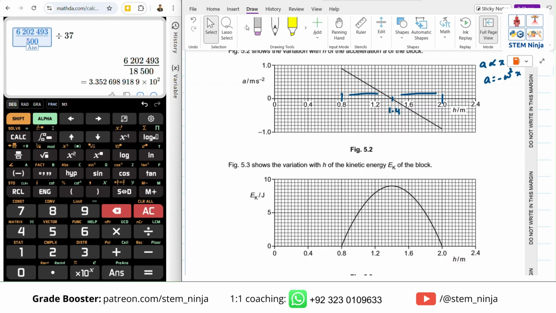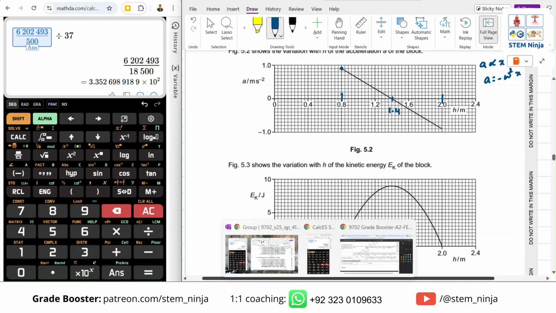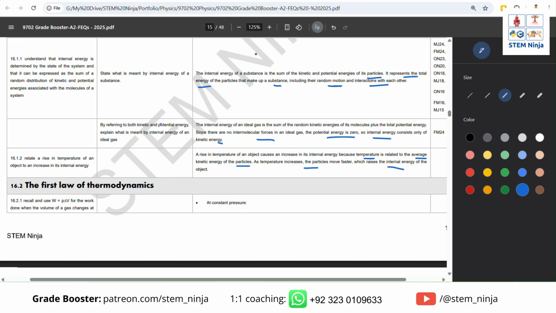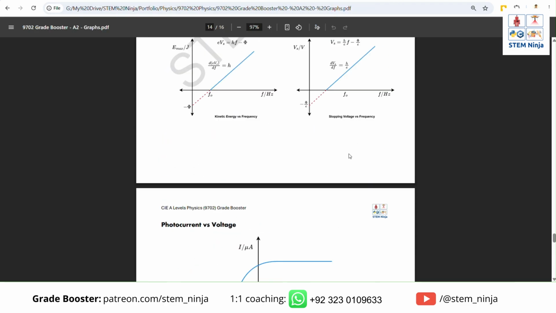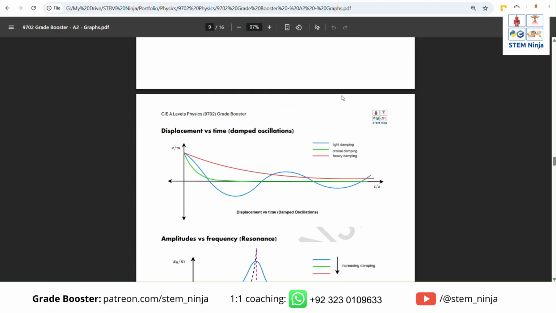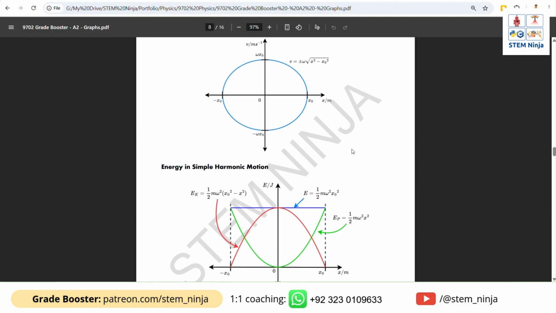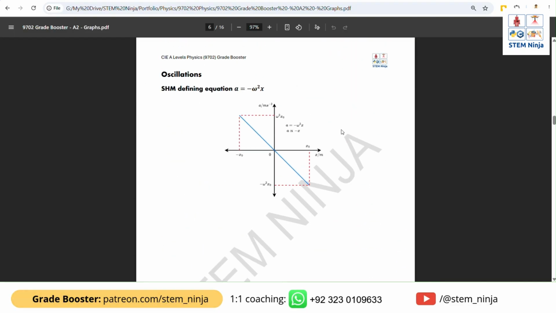There are a few things we can examine from this. I'll just show you the graphs of simple harmonic motion. First is this one.